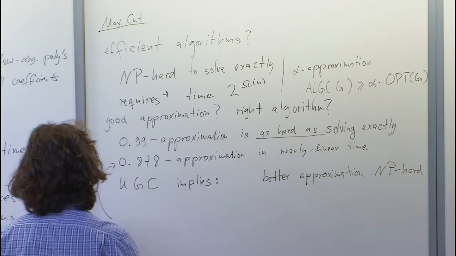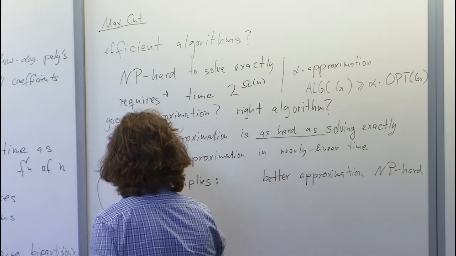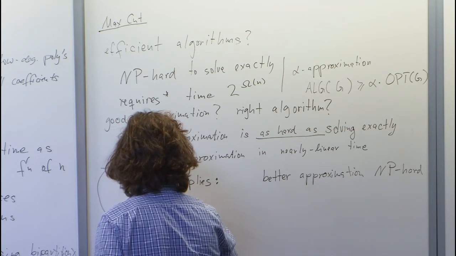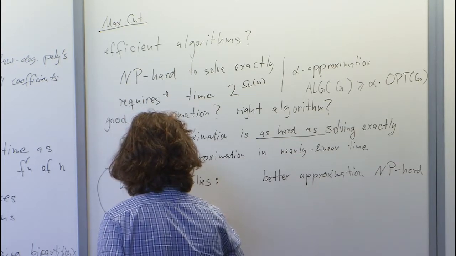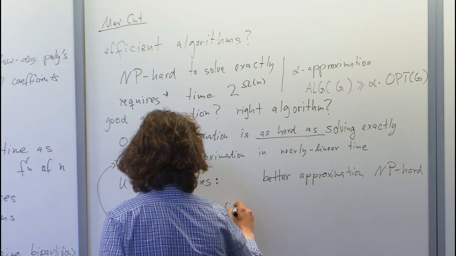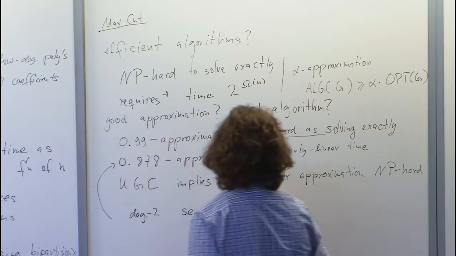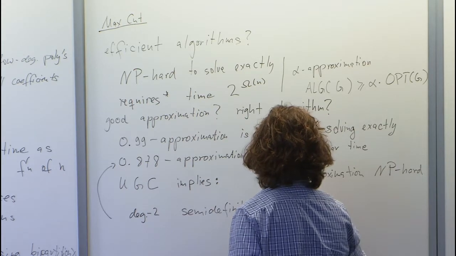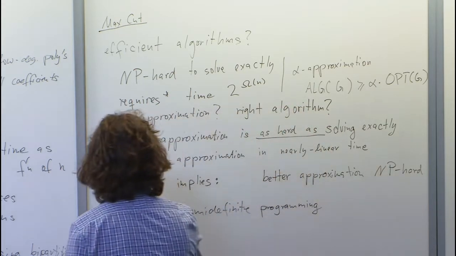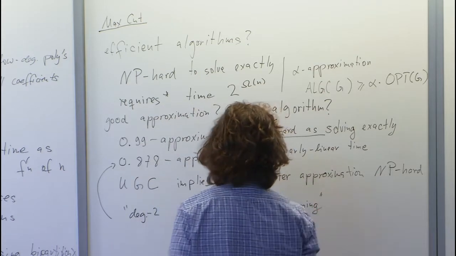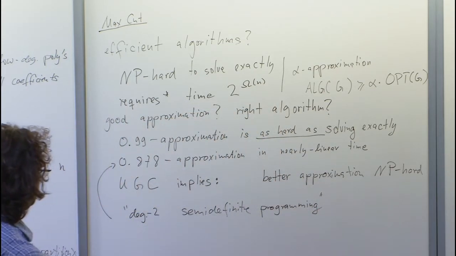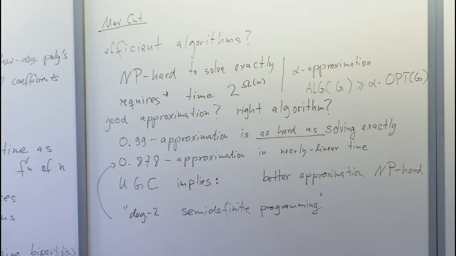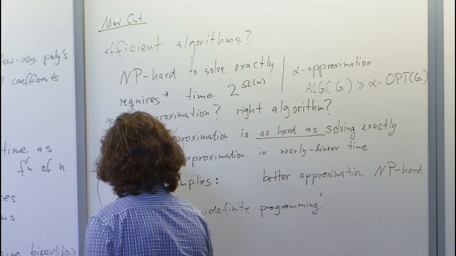The algorithm that achieves 0.878 is based on what I'll call degree 2 semidefinite programming. Again, this is not a very technical expression, just put in quotes. Now something interesting happens.